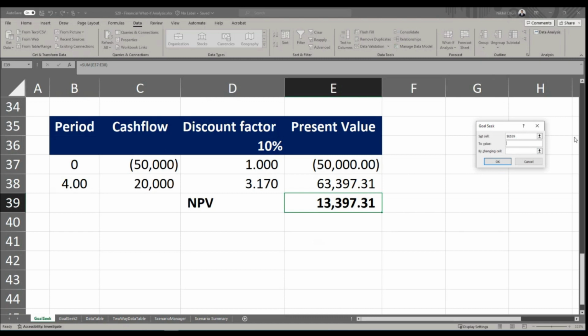I'll set the to value as 20,000, by changing the cell B38. Yeah, looks correct to me. I'm clicking OK, and you can see it did its iteration. And Excel is telling me it will take 4.52 years to achieve a net present value of 20,000 if I keep my discount factor as 10% and cash flow as 20,000.